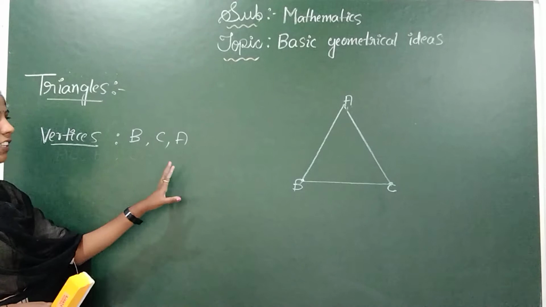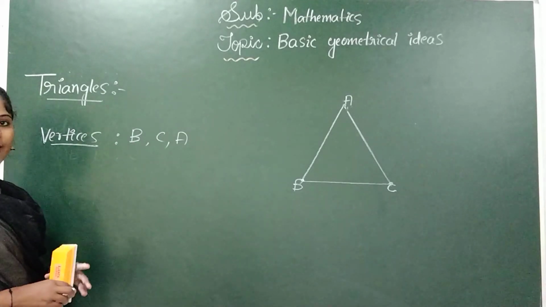In the triangle ABC, these are all called vertices.